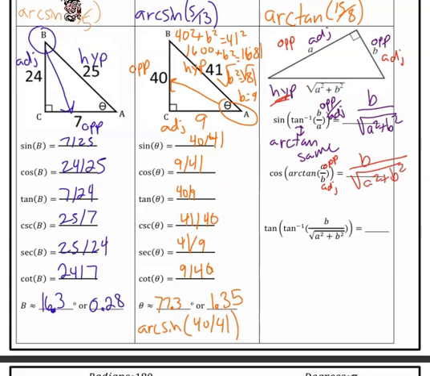And in this one, we have tangent of arctangent. When we have a tangent and we have an arctangent, they cancel out, and we're just left with B over the square root of A squared plus B squared. Now notice we had three different expressions, but they all simplified to become the same thing.